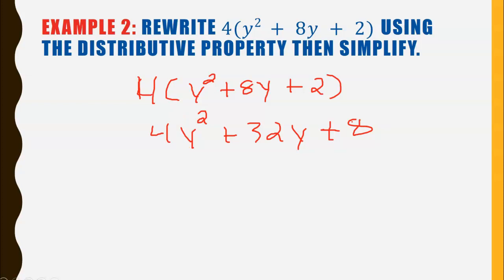I want to see what you're doing. I want to know, okay, what are you doing? How are you doing it? So you have 4y squared plus 32y plus 8. Excellent. Do we have any like terms in that problem? No, because you have a square, a single, and none.